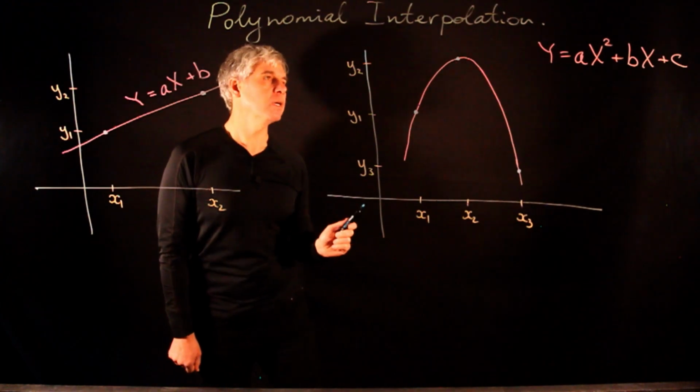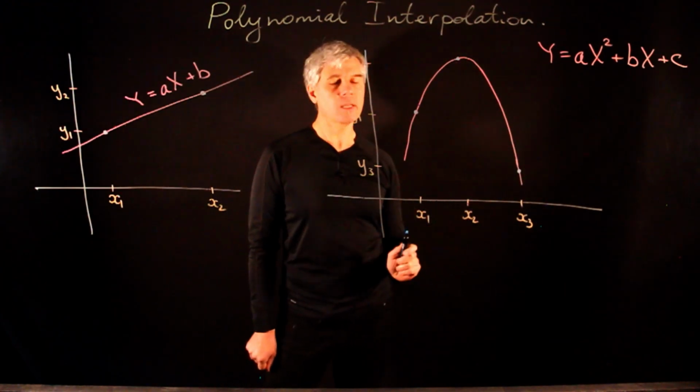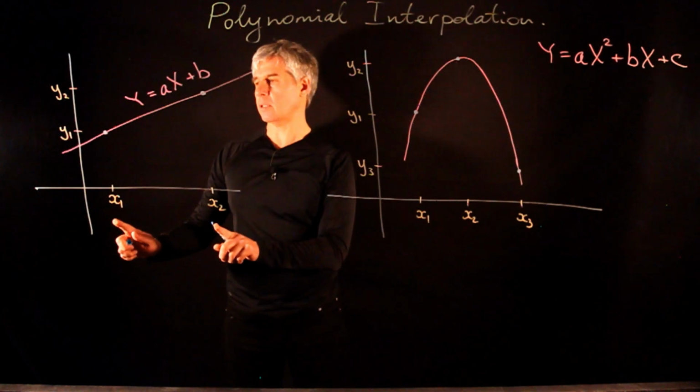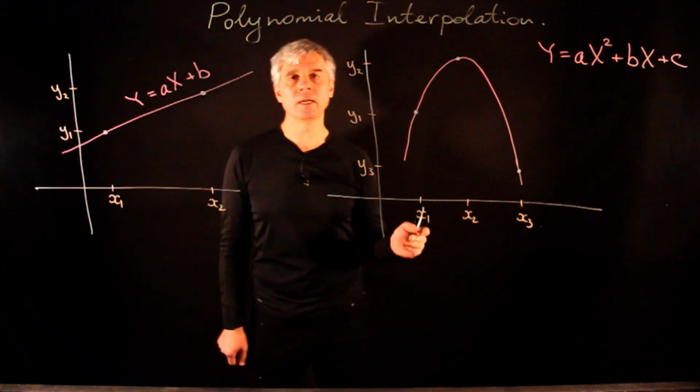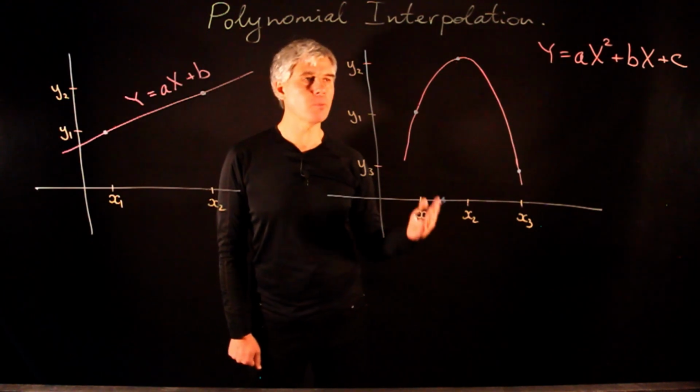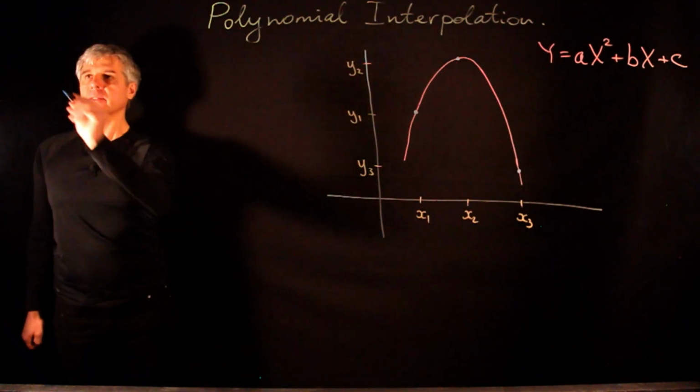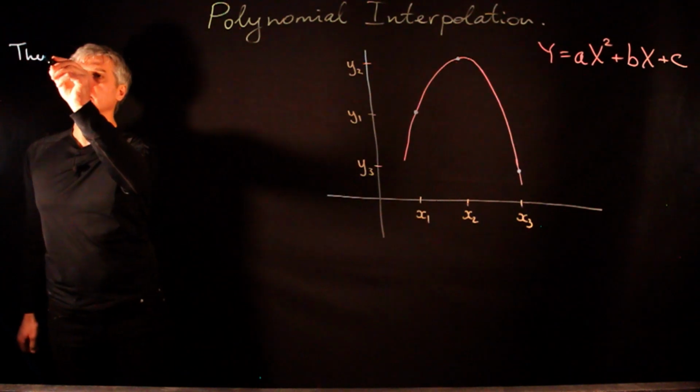And even more, this claim can be generalized not just for the 2 points in case of a line or 3 points in case of a parabola, but for a general case of n points on a plane. So we have the following theorem.